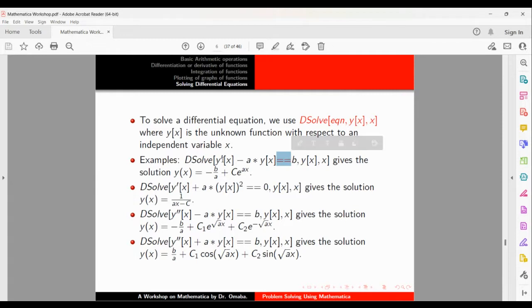So you write y prime of x, using the variable here, minus a multiplied by y. Then this should be equal, double equality, before it can solve. If you put this command, it will solve this for you.